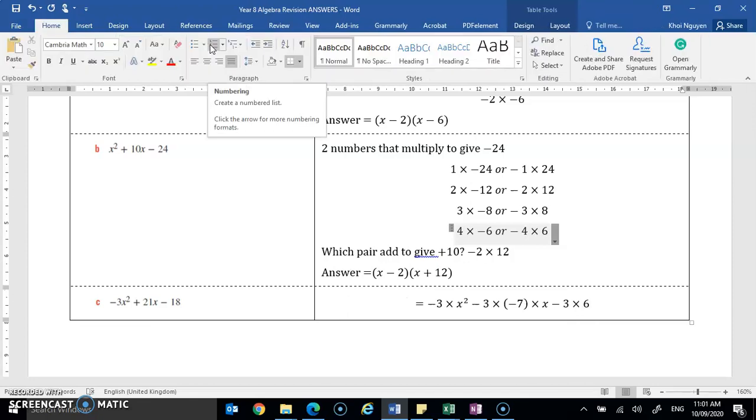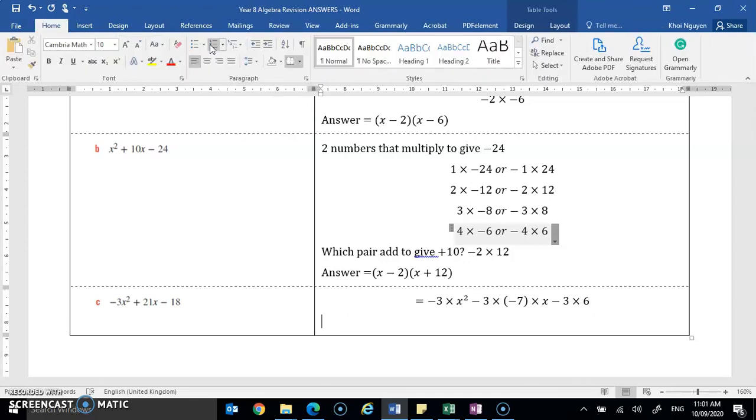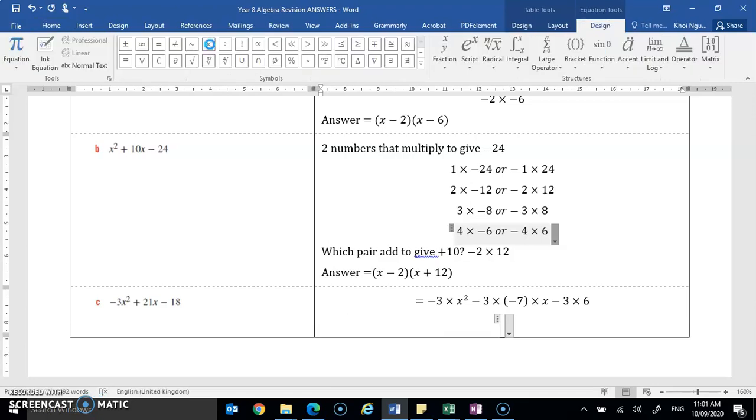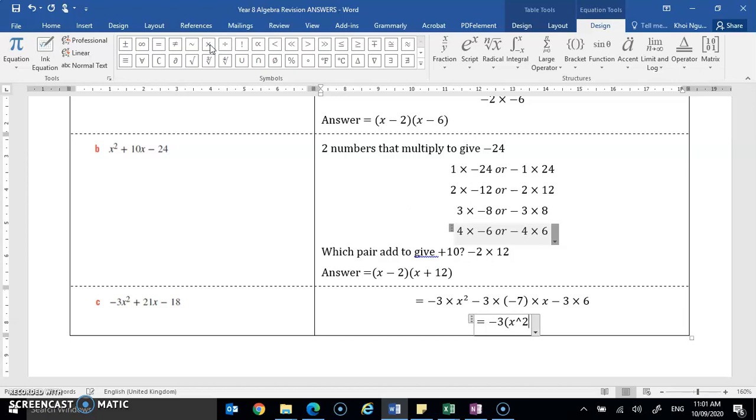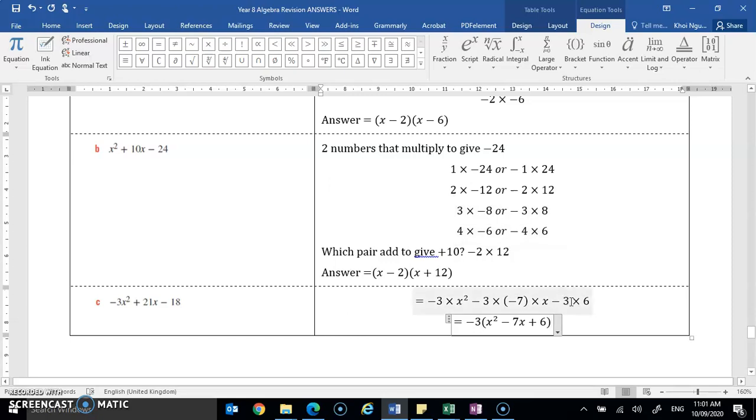So bringing the -3 outside as a common factor, we have x squared left from the first term, minus 7x for the second term, and plus 6 for the last term. Remember we are taking the -3 out.